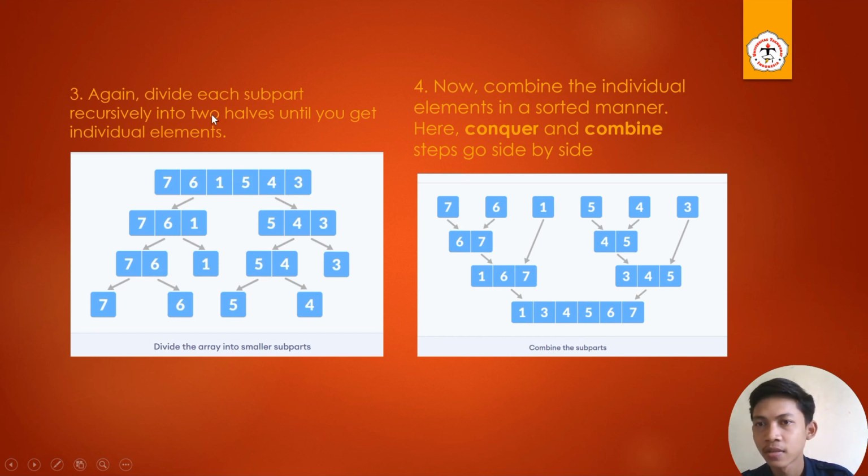Next, again divide each half recursively into two halves until you get individual elements, like in this image. And now, combine the individual elements in a sorted manner. Here, conquer and combine steps go side by side. So we get 1, 3, 4, 5, 6, and 7.